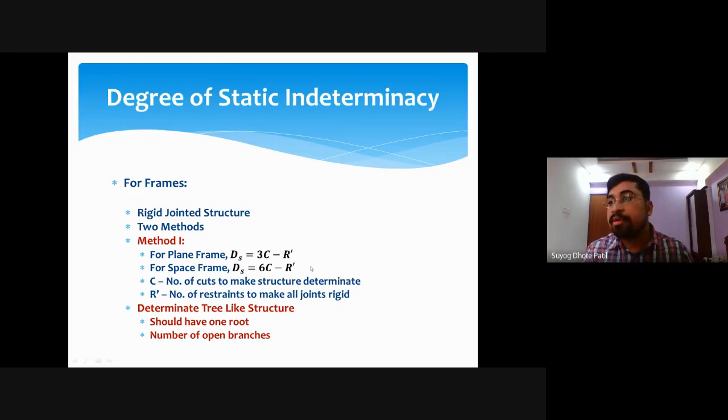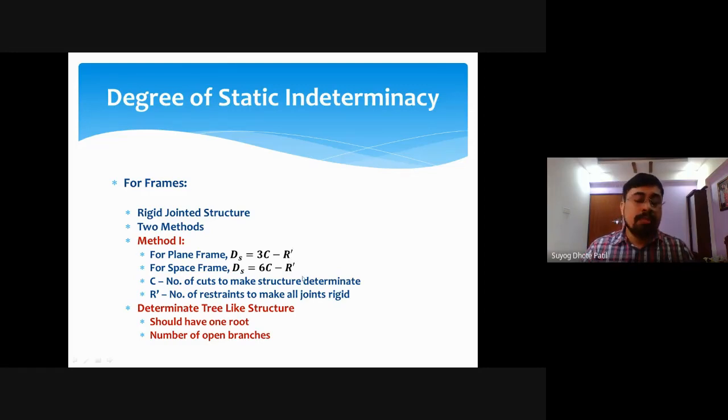Capital R and capital R dash are different. I again repeat, capital R and capital R dash are different. When we solve the numericals, I will explain what capital R and capital R dash are.